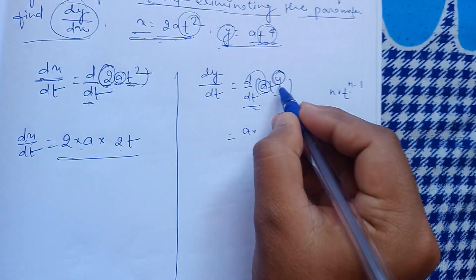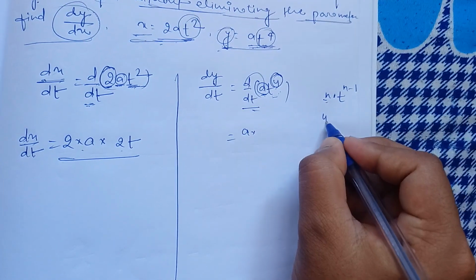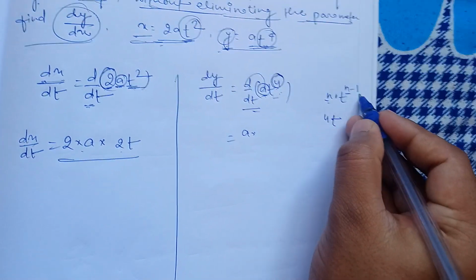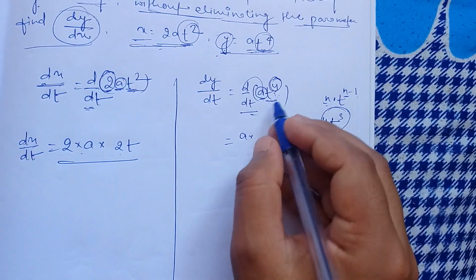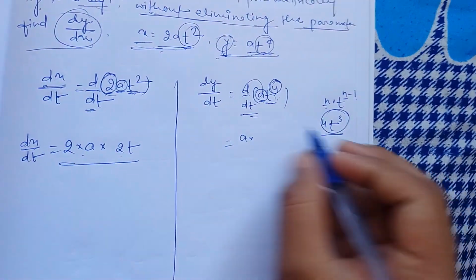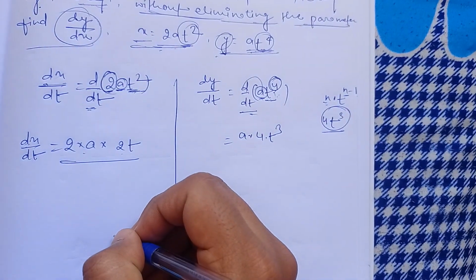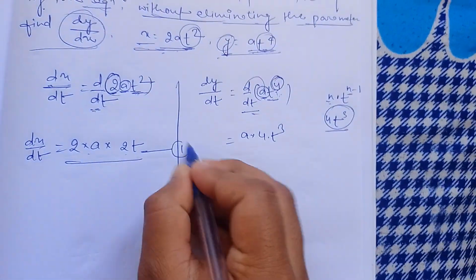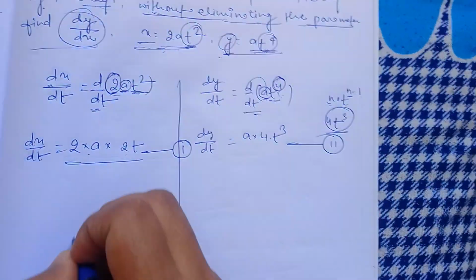The power of t is 4, meaning the value of n is 4. T power 4 minus 1 means 3, so t power 4 differentiated with respect to t is 4 t cubed. Okay, this is equation 1 and this is equation 2.